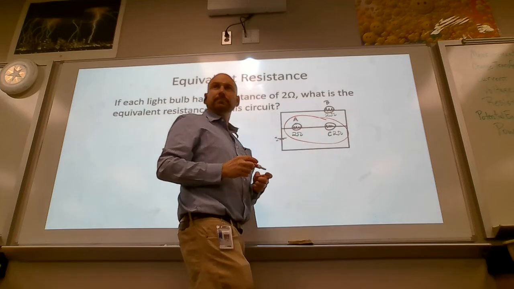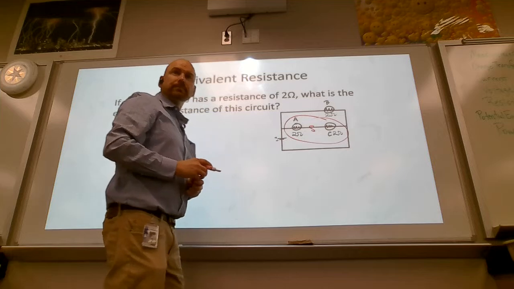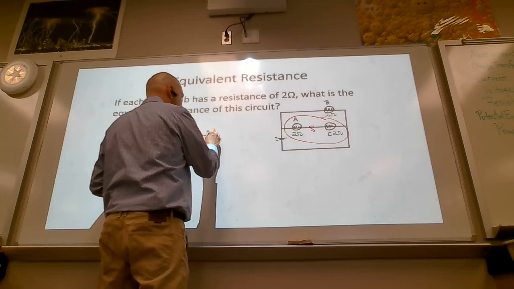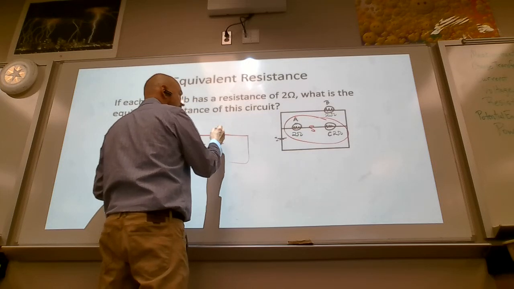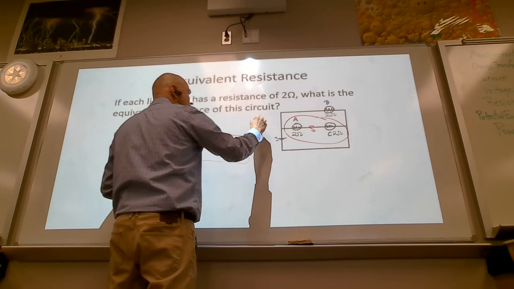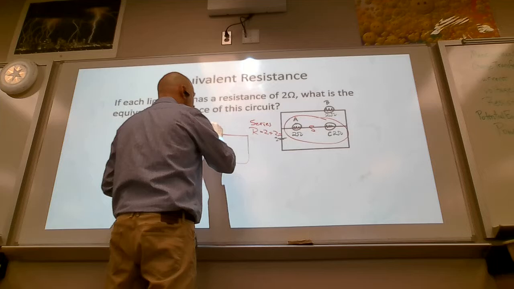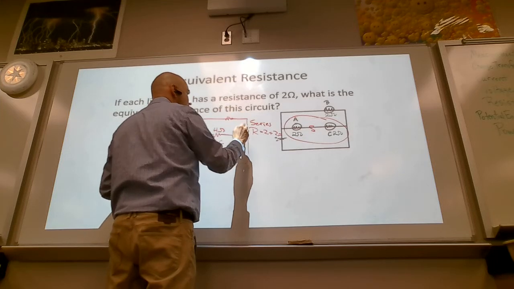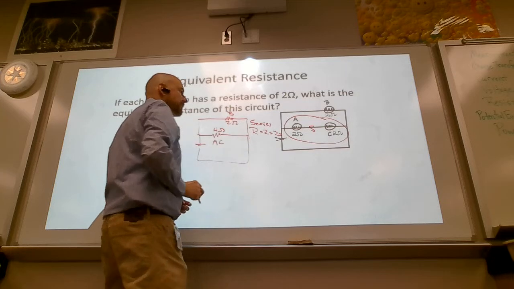These are wired in series. Okay, so I'm going to redraw the circuit. So this is AC, and this has a resistance of 4 ohms, and then here's B, so 2 ohms.